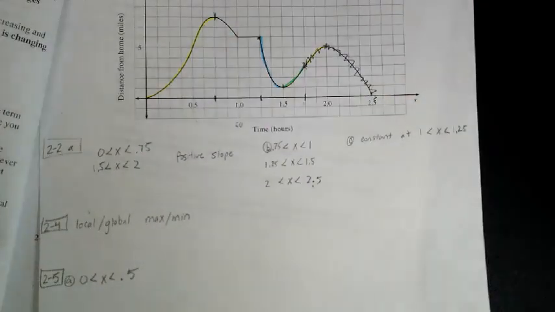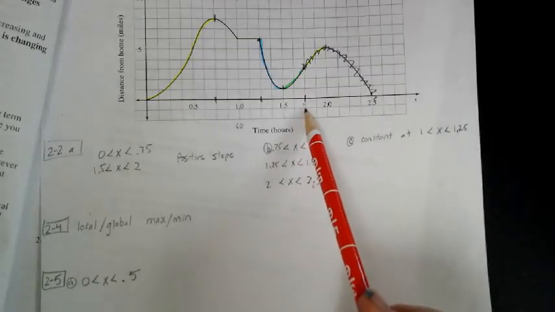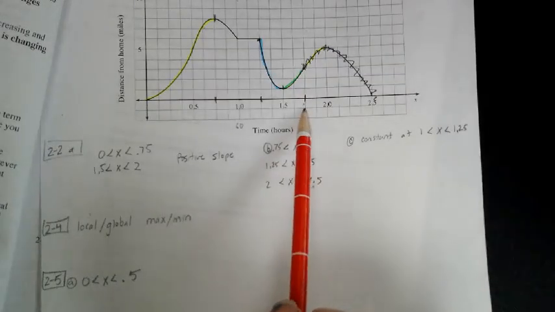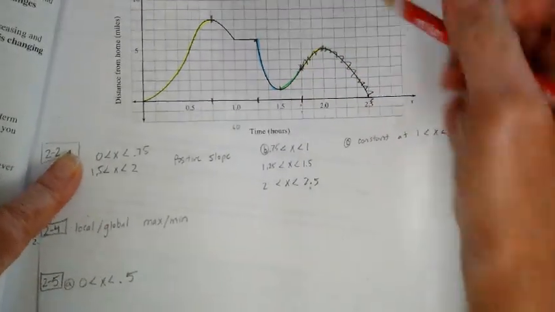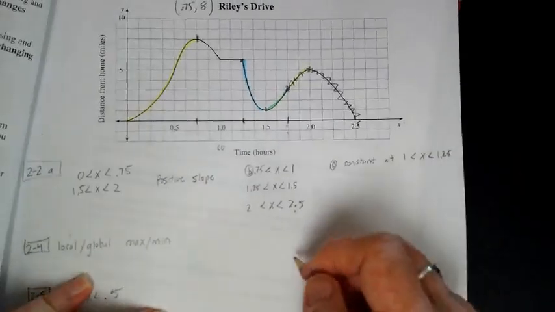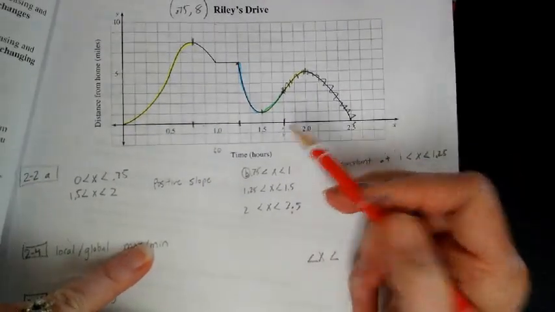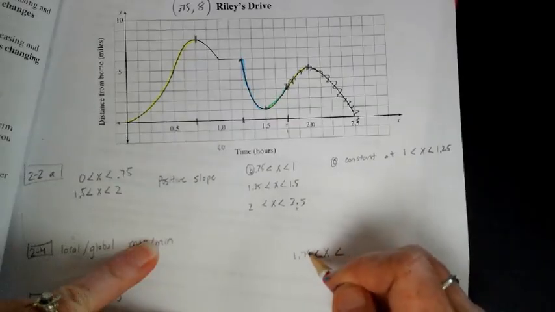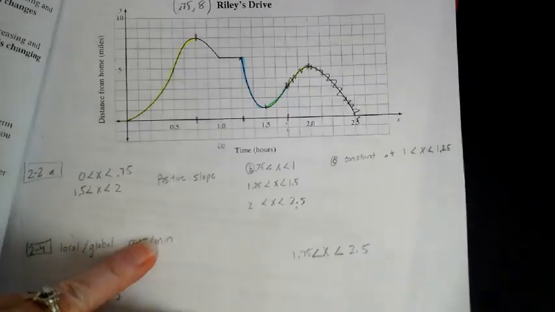So I can actually write that in interval notation if I want to. Let's say I just want to do the part that I just wrote the squiggle on. I could say x is in between 1.75 and 2.5. That's one place where it's concave down.